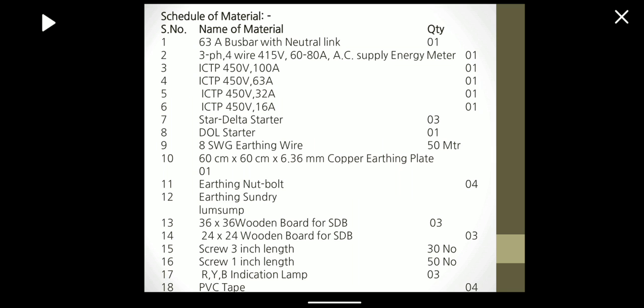Then earthing nut bolt and earthing sundries, lump sum. Then a 36 by 36 wooden board for the sub distribution board. Similarly a 24 by 24 wooden board is also required. Then screws of 3-inch and 1-inch length. Then RYB indicator lamps are also required. Then PVC tape.